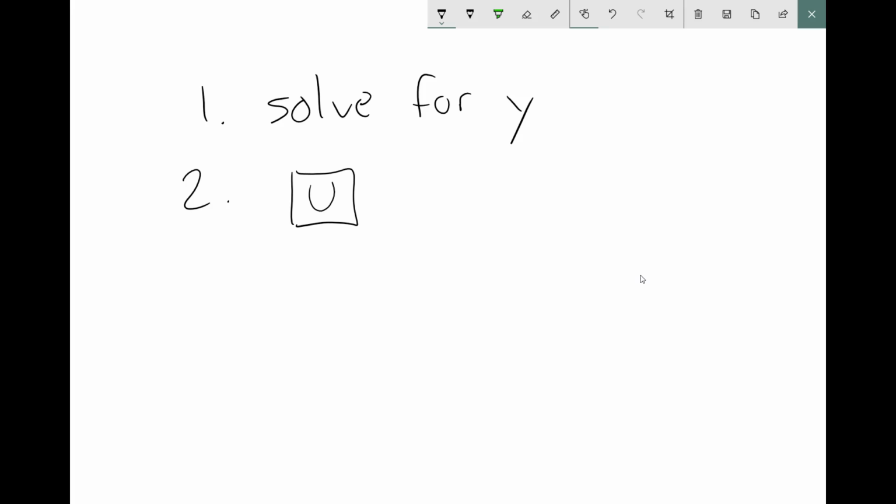So, first thing, solve for y. Always make sure it's in y equals. Second, on MyLabs Plus, you're always using the little button that will either look like this way or this way, the graph. Graph your vertex first.